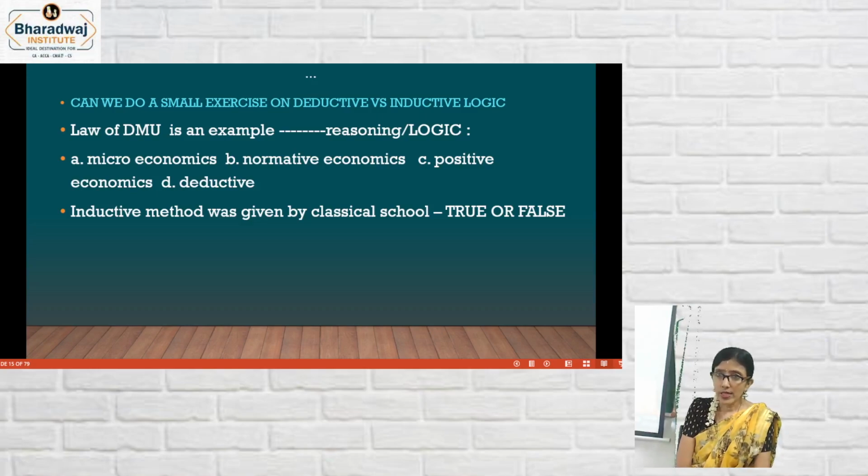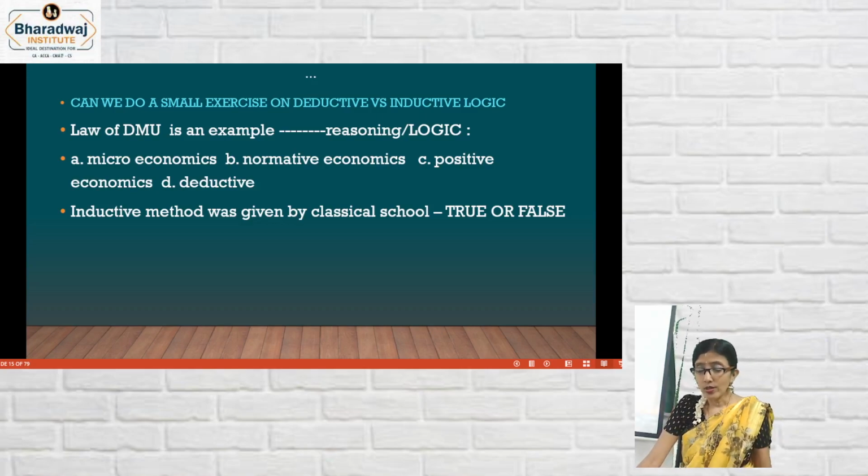Sure? Yes? Fine. Correct. But look at how it's asked. Microeconomics, normative economics, positive economics, deductive economics. Now, the trick is here in the options only. This you will identify. But you can also give this as microeconomics, isn't it? It is not wrong. But look at the end here.